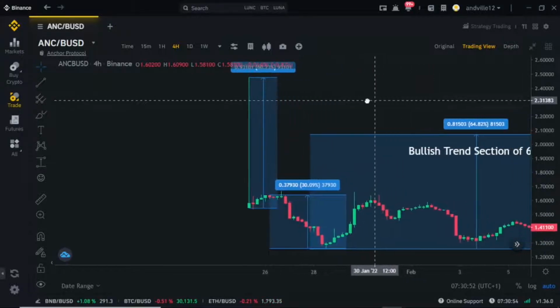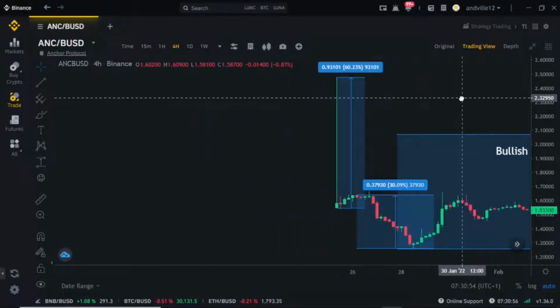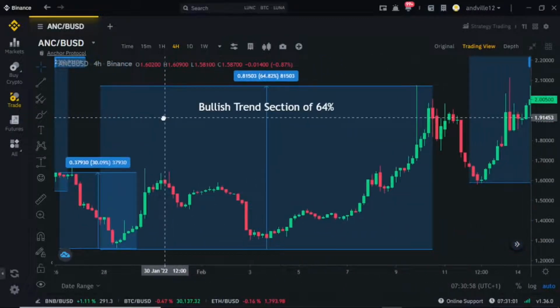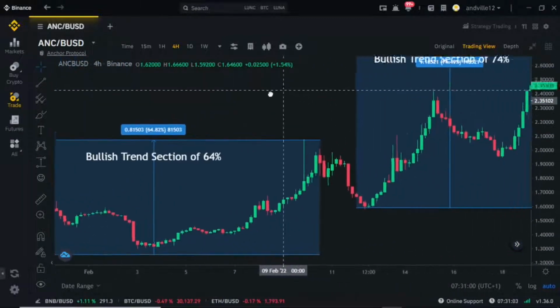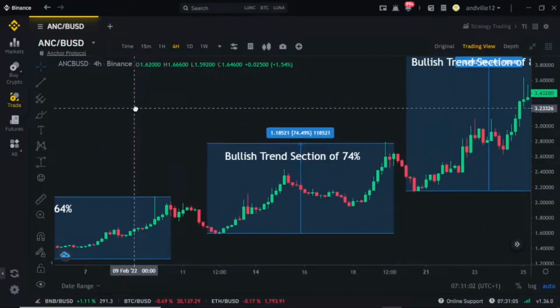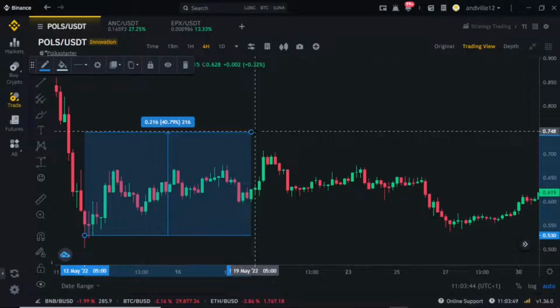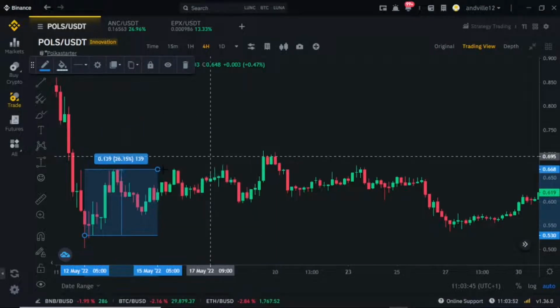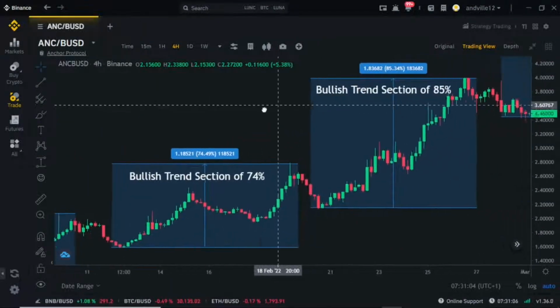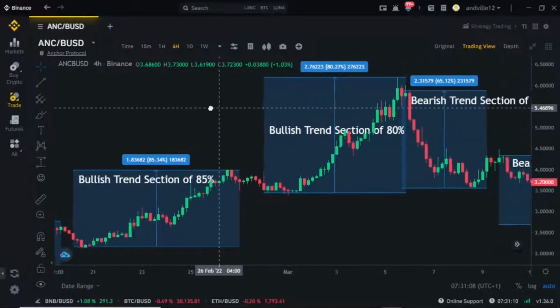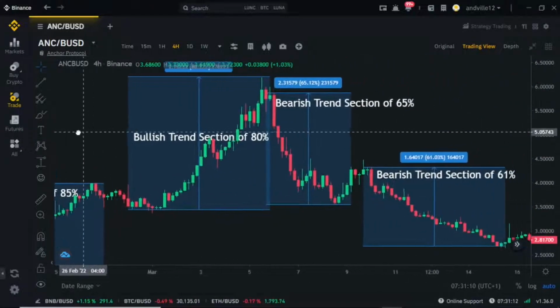For example, this bullish trend section bounced up by approximately 64%, and this bullish trend section bounced up by approximately 74%. And next up, this bullish trend section bounced up by approximately 85%. And next up, this bullish trend section bounced up by approximately 80%.